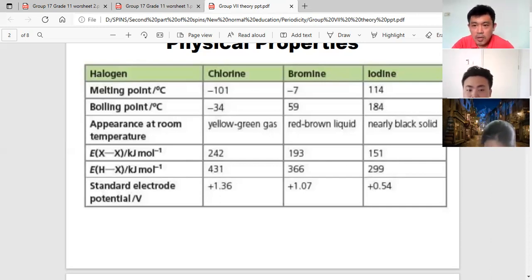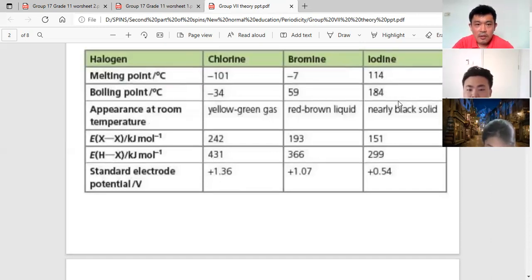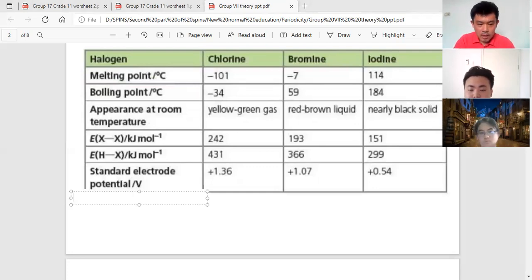There is an explanation for this one. So let me rewrite. Down group 7, melting point and boiling point increases.